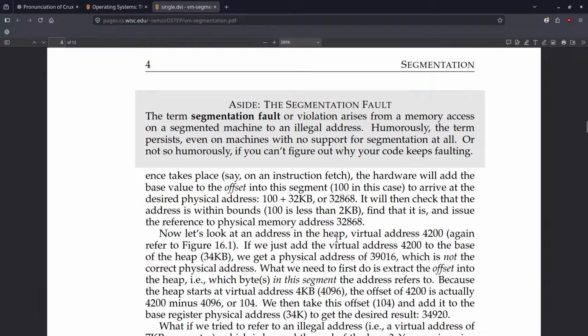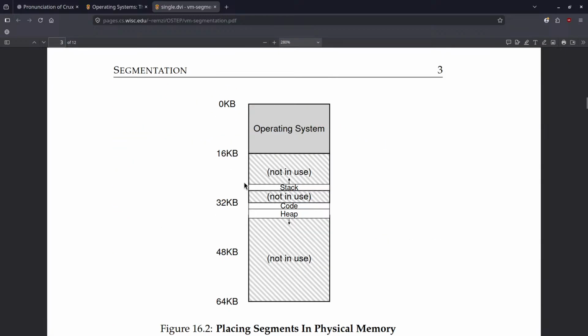Let's look at an address in the heap. Virtual address 4200 again. Okay, let's see. Wait.